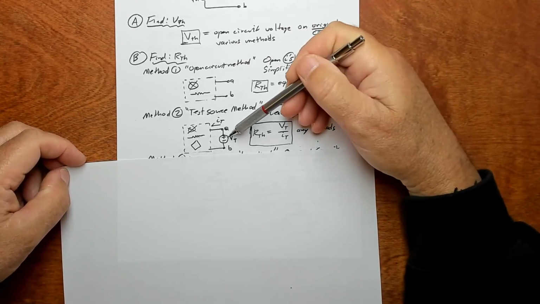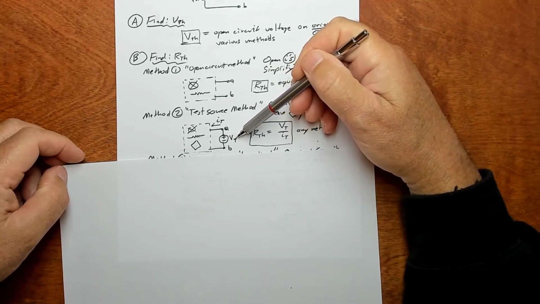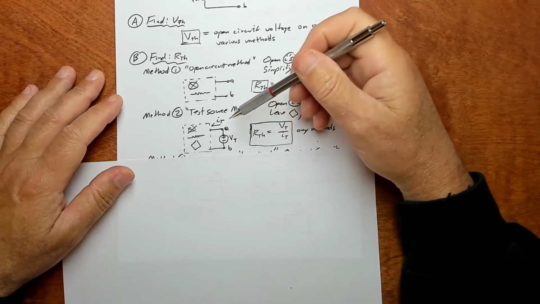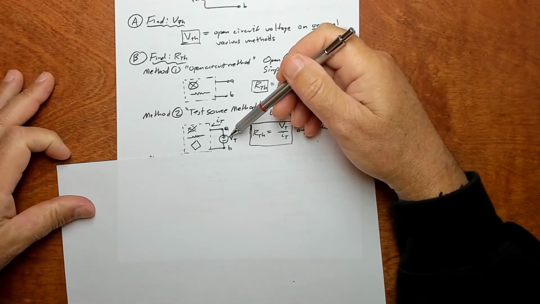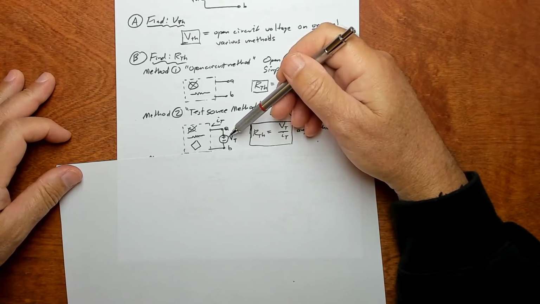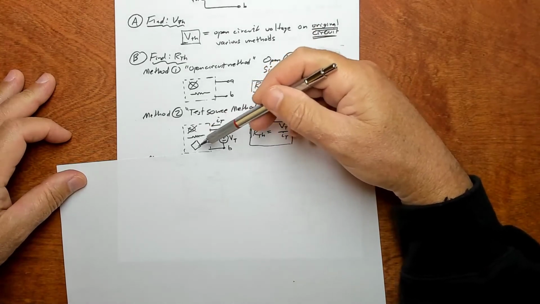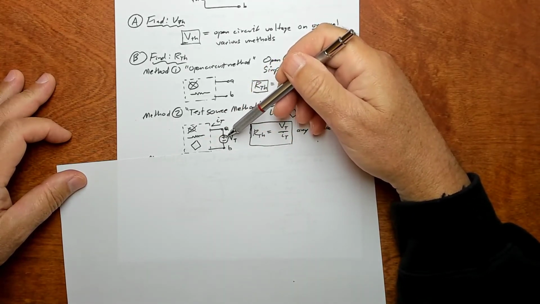What you do there is you take a voltage source called V sub test. Now think about this abstractly. If you had a voltage that you could adjust, then when you applied a voltage to this circuit you're testing, you'd get a current flow dependent on this voltage.